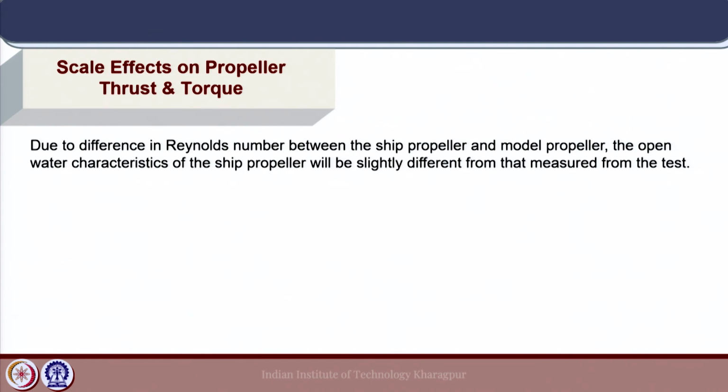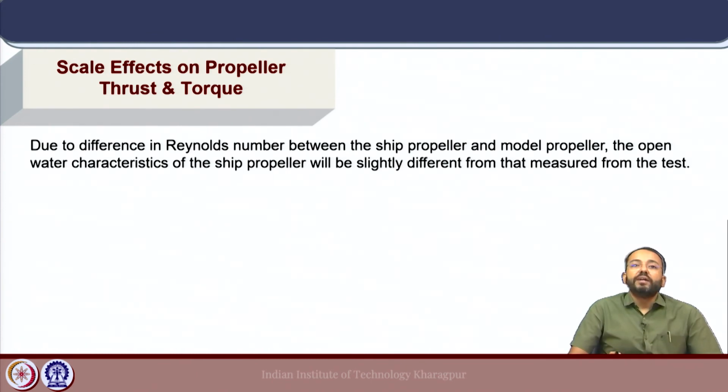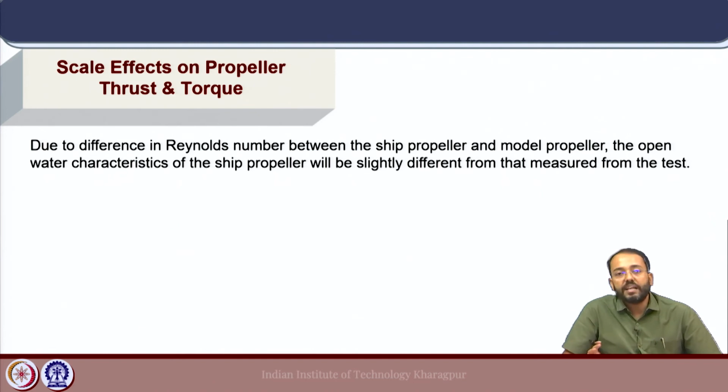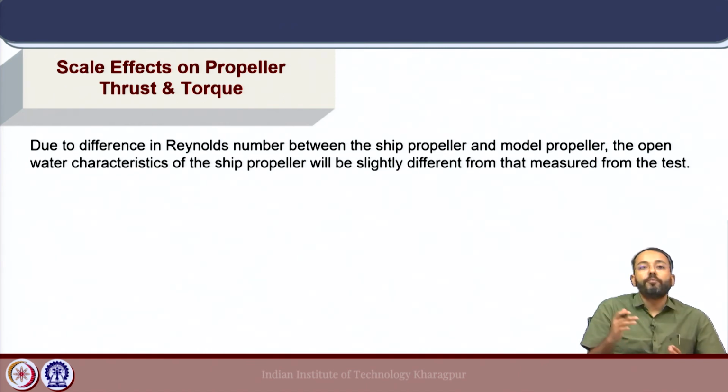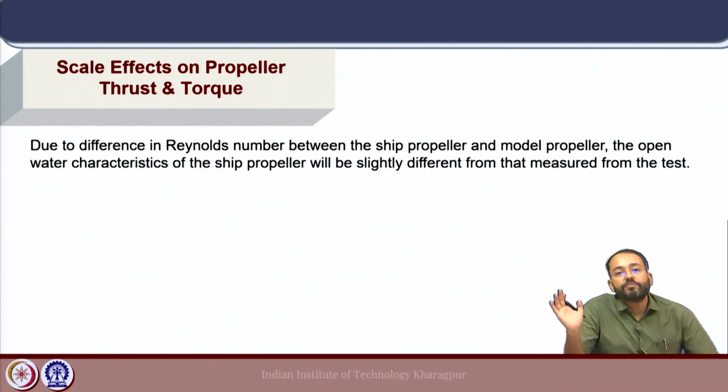Now, the Reynolds number that we have in the model scale, the blade Reynolds number, is much smaller as compared to the full scale propeller. So, the open water performance that we see, which is the performance of the propeller in uniform inflow, is the actual performance of the propeller without any influence from the ship hull. So, this will be different in the model and full scale.